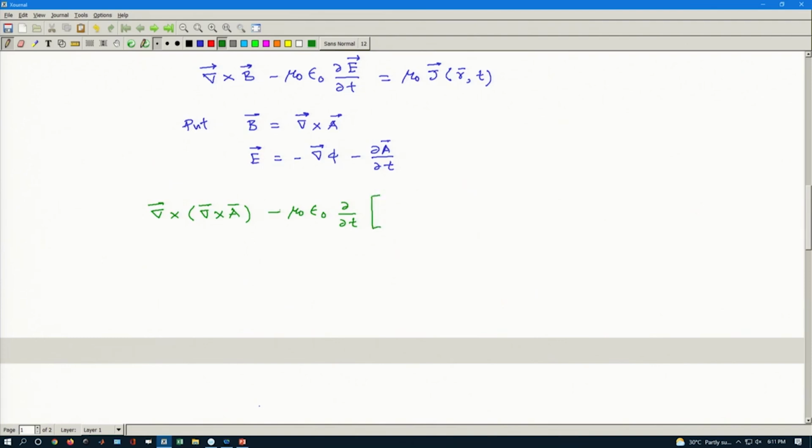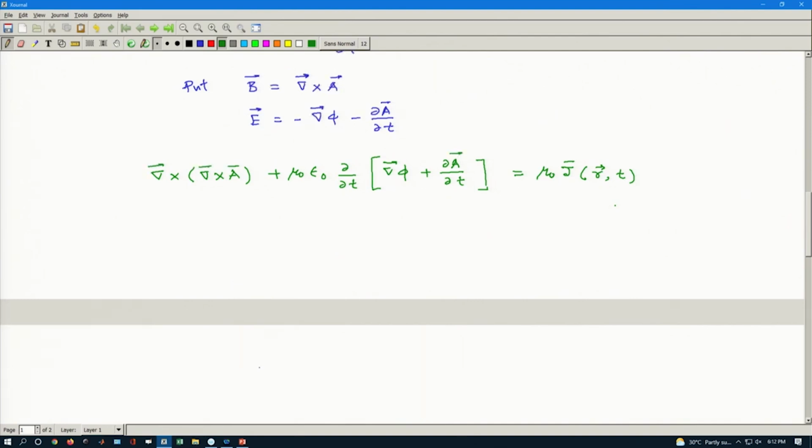So, here we had a minus, I can put it as plus, and then it should be divergence, it should be gradient of phi plus del A del t, and that is equal to the source term mu 0 J of r and t. We get this.